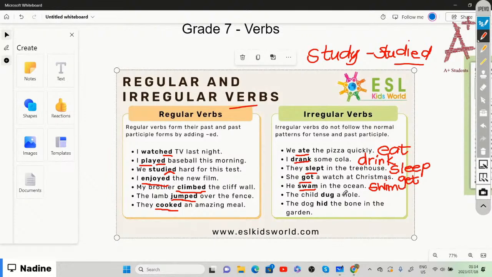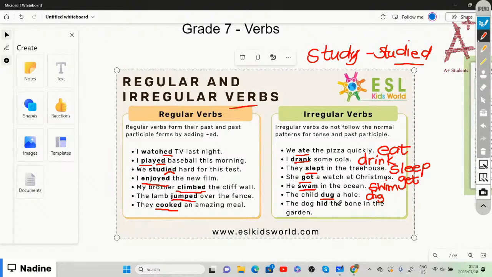The child dug a hole. So the child dug a hole, right? So that is the past tense of dig. Dig being now something that the child is doing. However, dug means that it either happened this morning, earlier on, yesterday, last week, and so on.